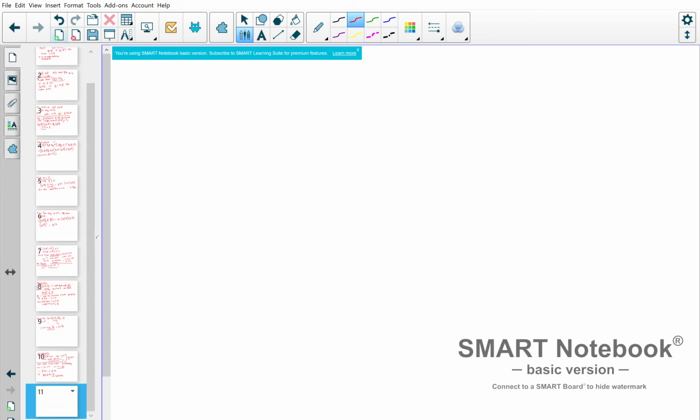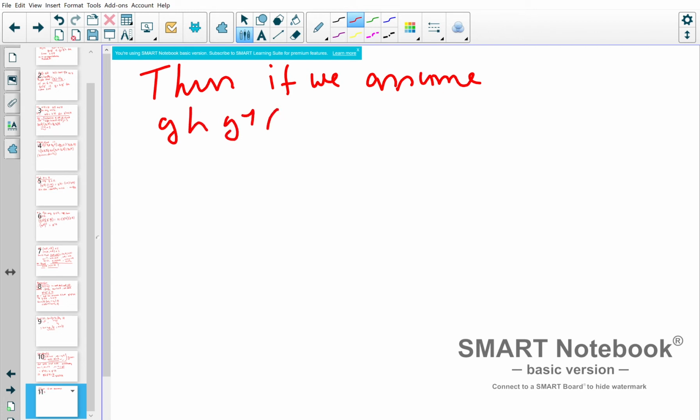Thus, if we assume this property, assume GH G inverse belongs to H for all G belongs to G and H belongs to H, then what happens?